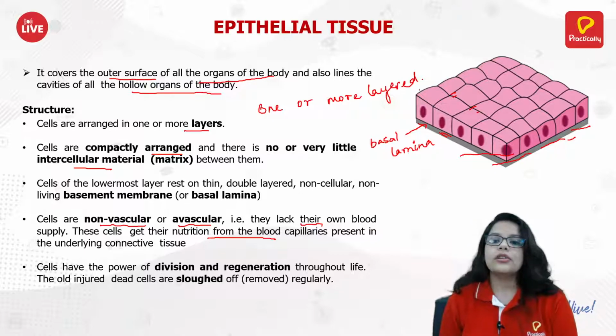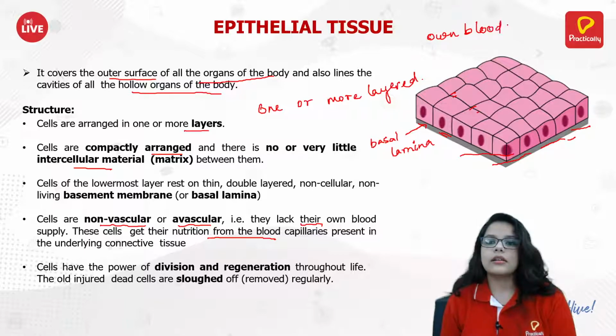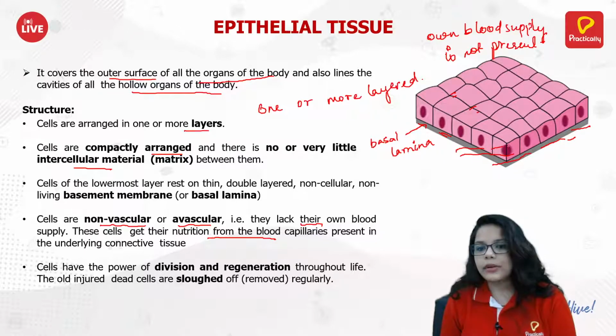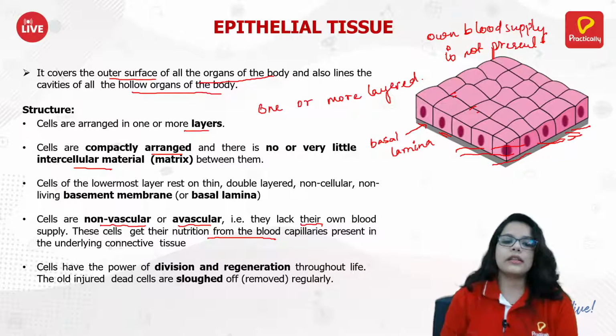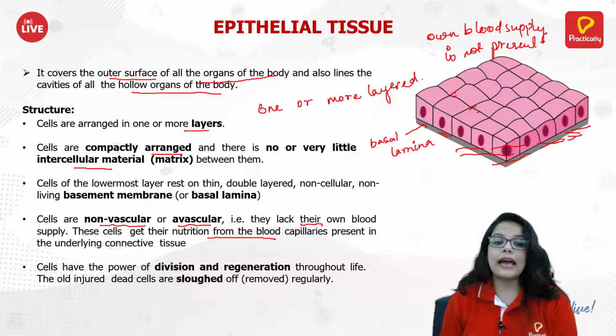You can see here, they don't have any capillaries running. Their own blood supply is not present. So they have blood capillaries under the basal lamina, and from there they get the nutrition, and they have the power of division and regeneration.